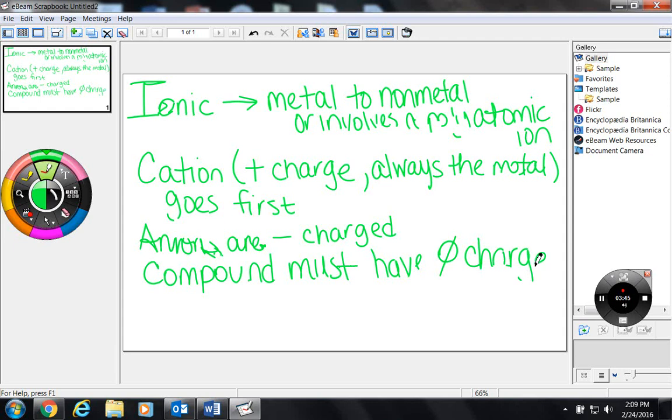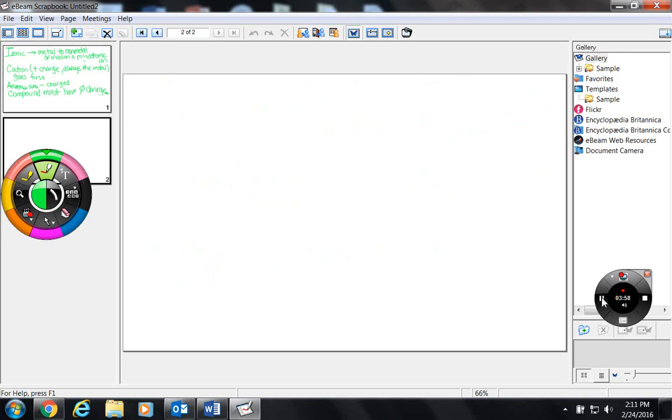It must have a zero charge. So, now I have to change the slide. If the total charge of the compound must be zero, my two options to get that: I can add the charges.